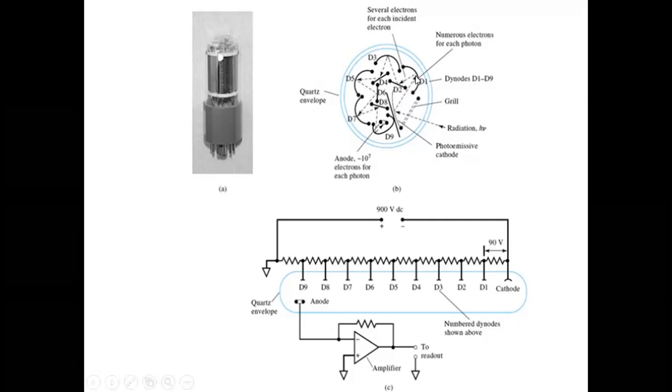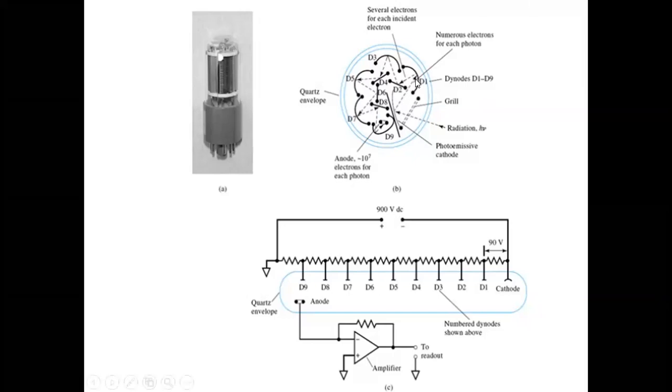Then after those electrons hit dynode 1, they will again reflect and go to dynode 2. In that process, one electron will generate several more electrons.